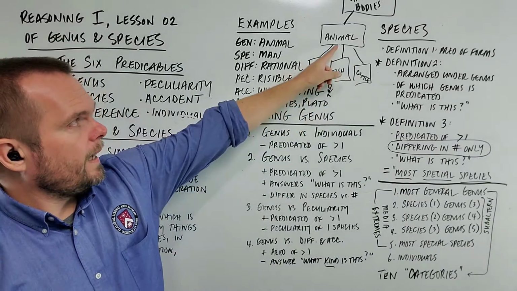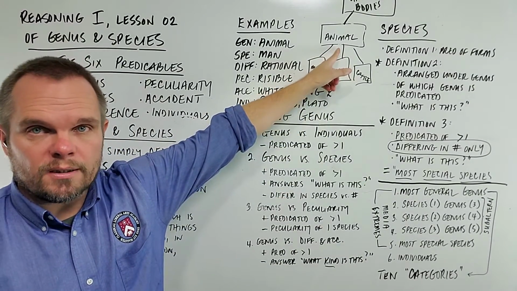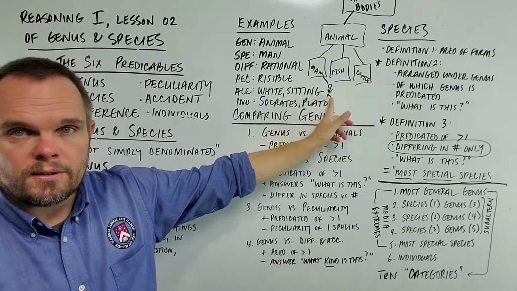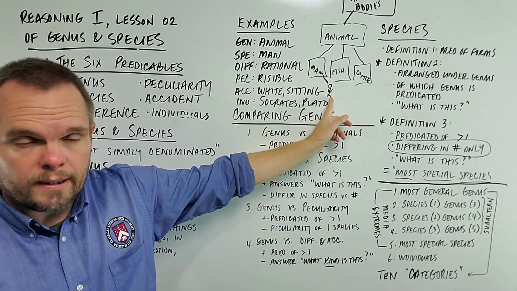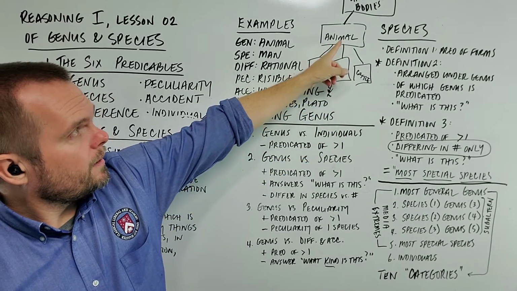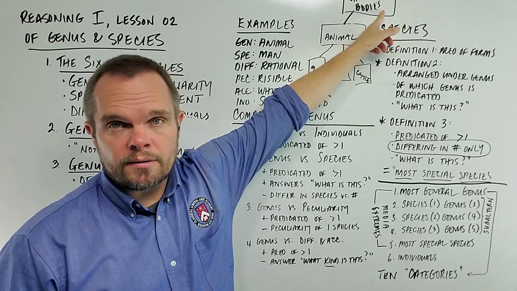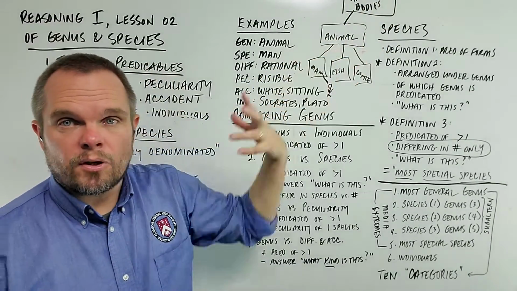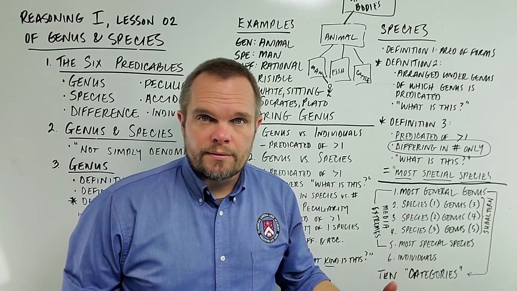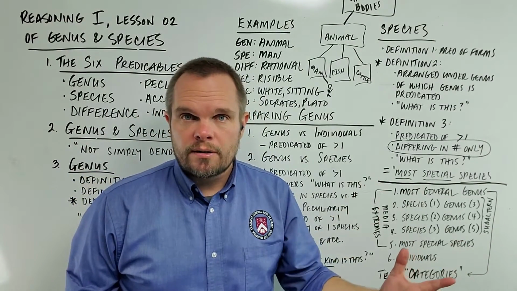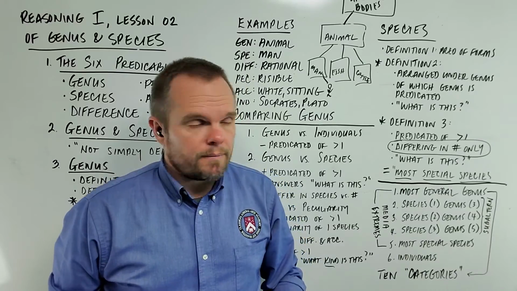Okay? So animal is a genus for Socrates. Okay? But in reference to animated bodies, animal is also a species. So it's both a genus and a species.